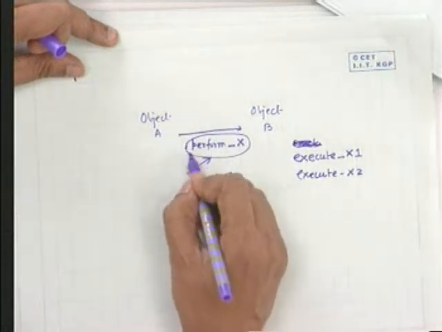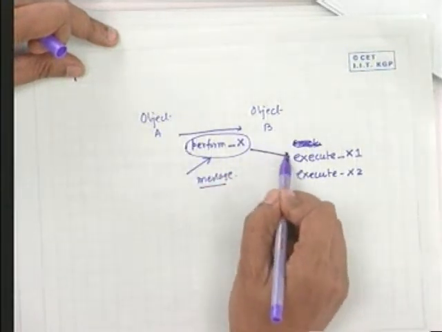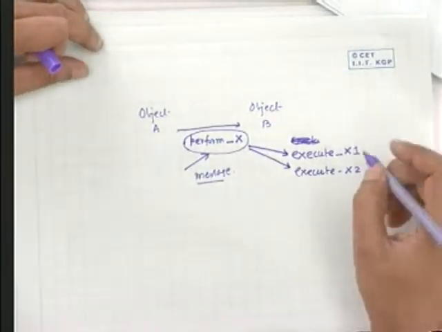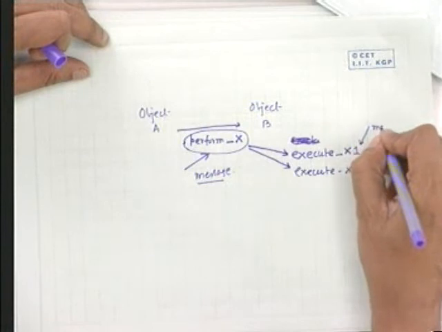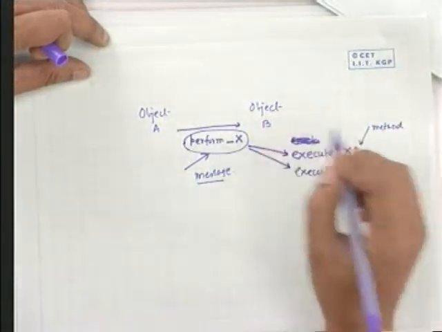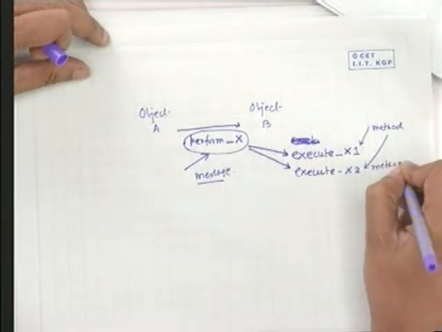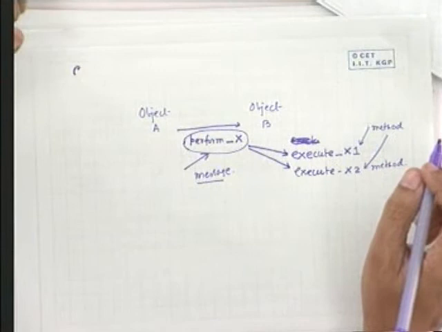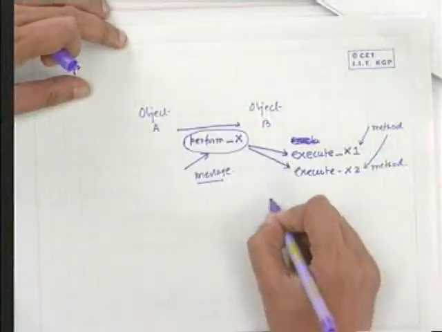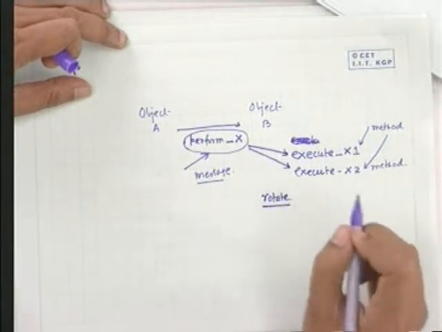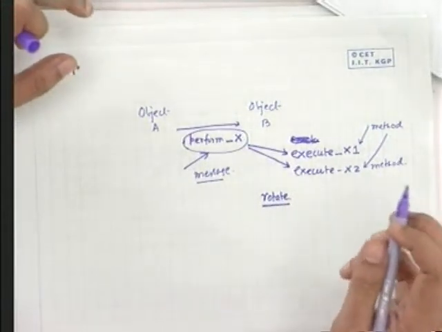So perform X may lead to execution of this method, or it can lead to execution of that method. These are operations defined in the class of the object B, and each one of them is capable of performing the rotation. To take a typical example, suppose rotate is a method in the class triangle. Rotate can be implemented in lots of different ways.